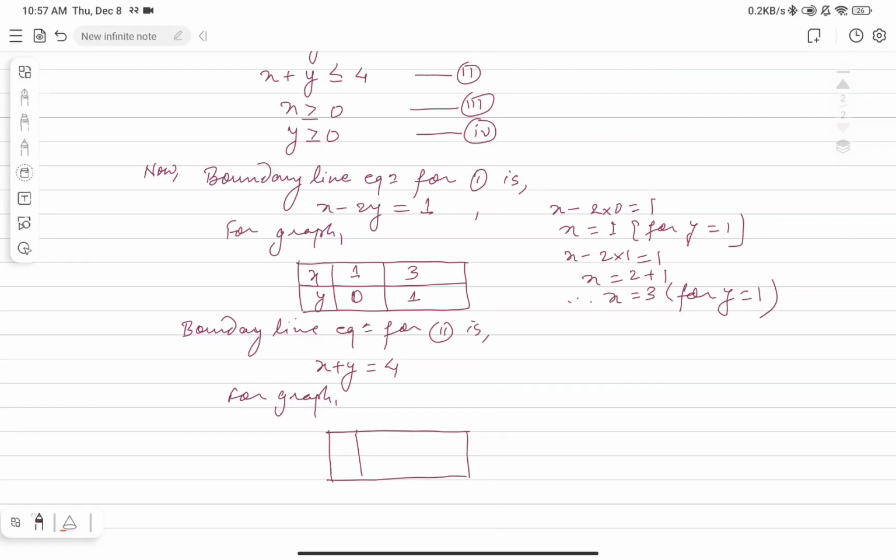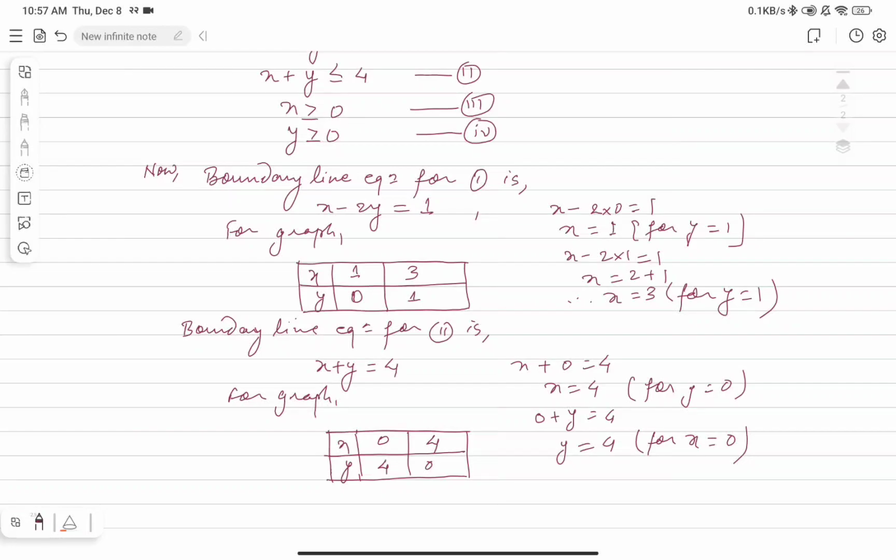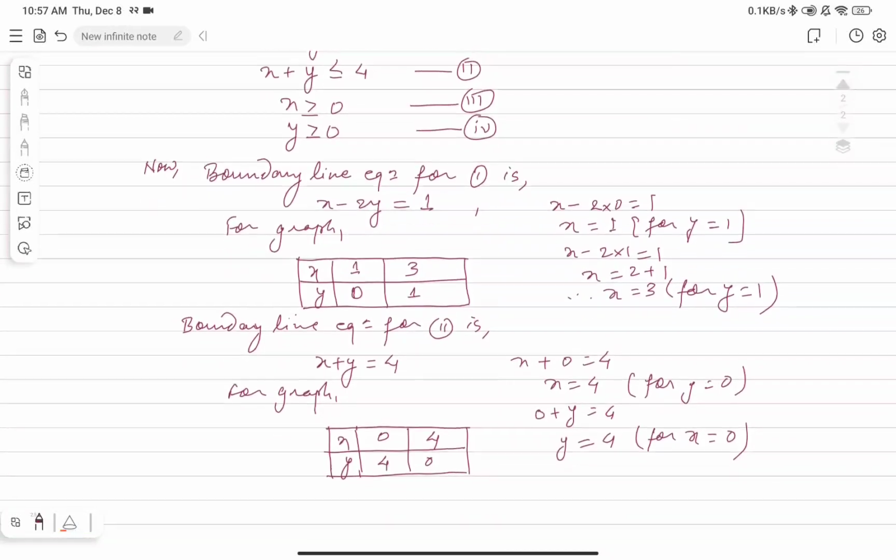This is pretty easy. x plus y equals 4 means we need those values of x and y for which the sum is 4. The easiest ones are (0, 4) and (4, 0). So x plus 0 equals 4 gives x equals 4, and 0 plus y equals 4 gives y equals 4. The first one is for y equal to 0, and the second one is for x equal to 0. So now we got our 2 points, (0, 4) and (4, 0).